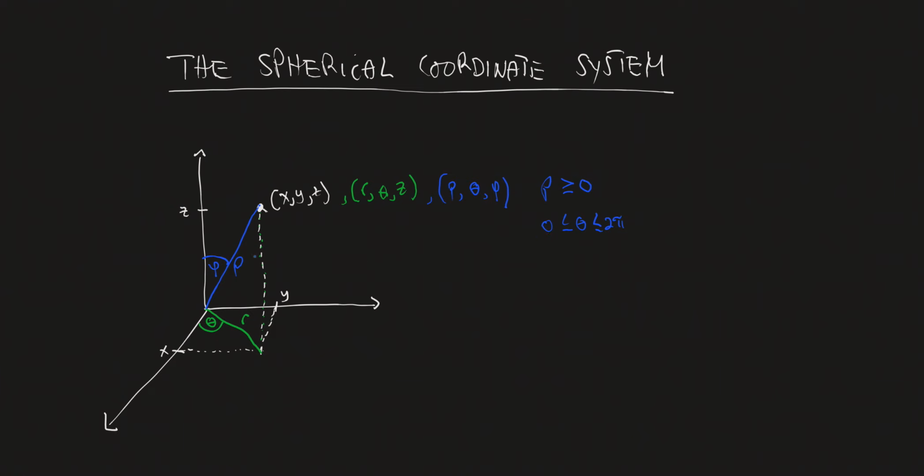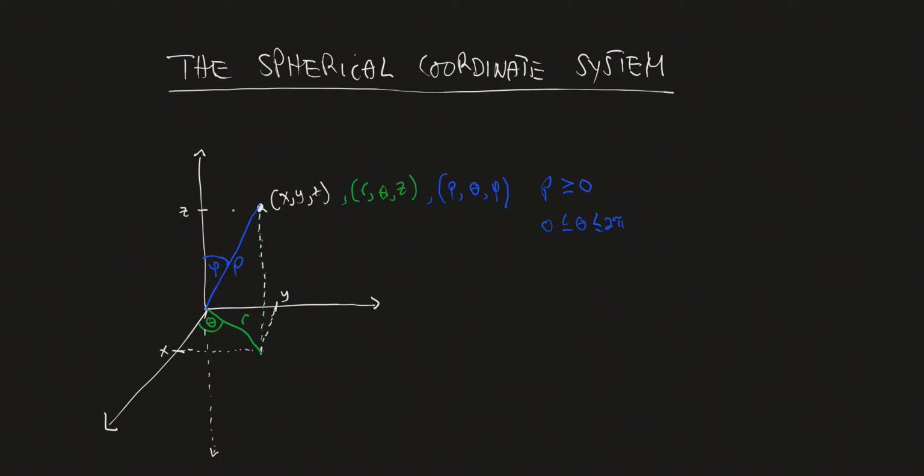And then for phi, the smaller phi is, the closer your point is to being on the z-axis. And if phi, for instance, is 90 degrees, then your point is now in the xy plane. And if your phi is pi, 180 degrees, that means you'd be below the xy plane, actually pointing down on the negative z-axis, like this.